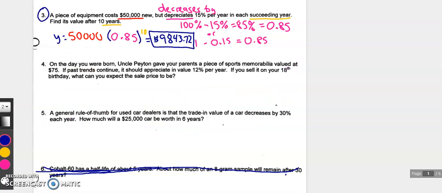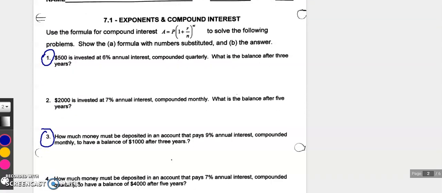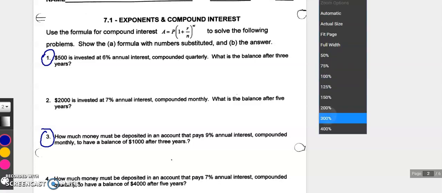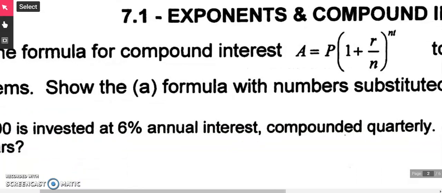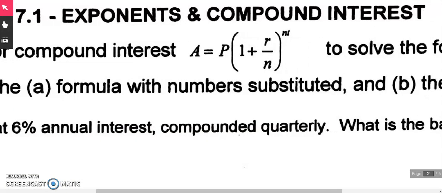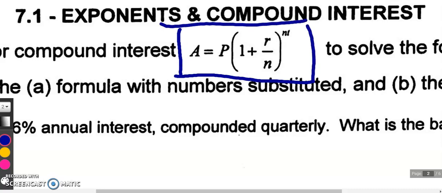All right, so the next thing we're going to look at is what happens when the time units don't match. And so this is commonly used in finance and bank accounts and loans and all of that stuff. And so the name for this formula is compound interest.